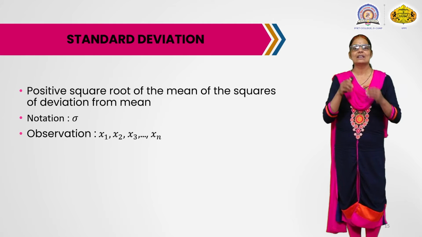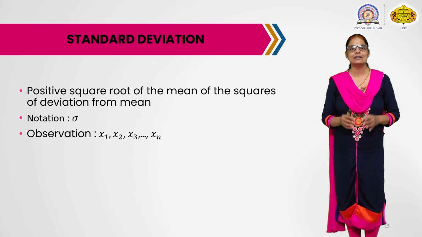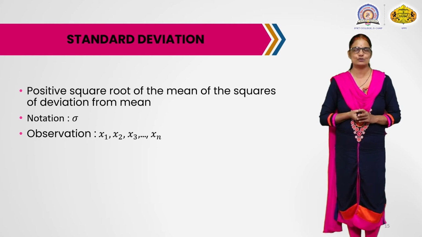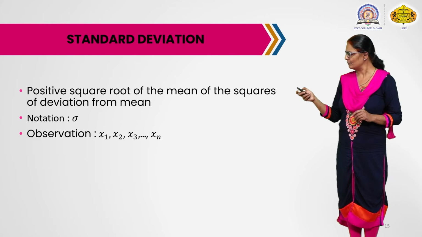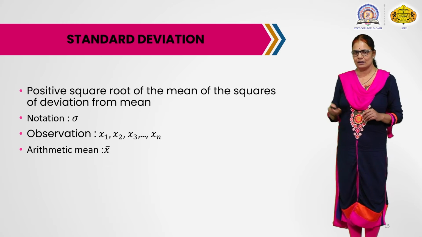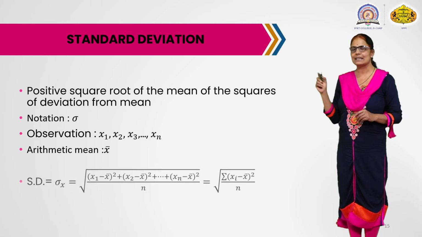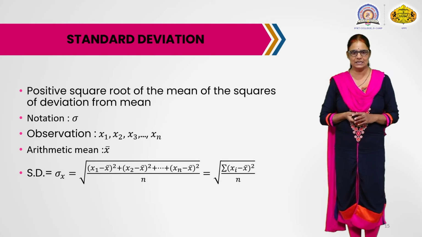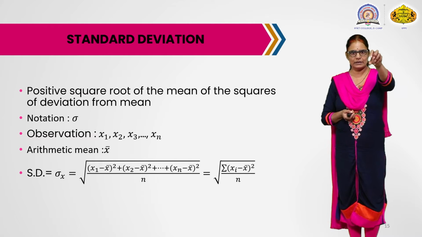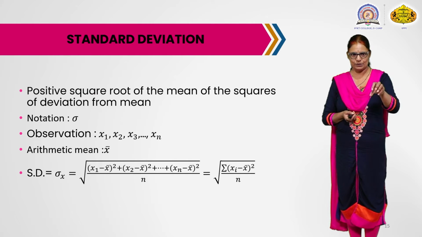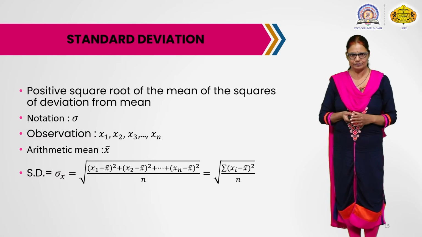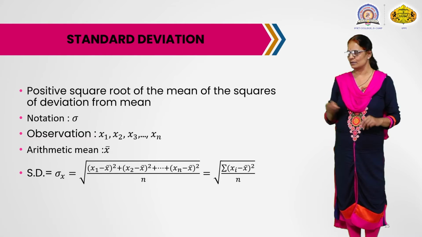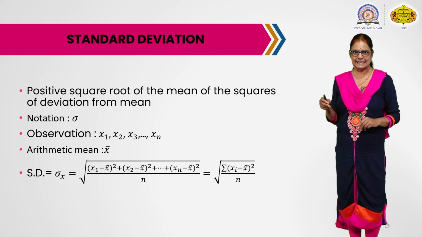Now we write this definition in terms of a mathematical formula. Suppose we are given the observations x1, x2 up to xn, and let x bar denote the arithmetic mean of the given series. According to the above definition, the standard deviation, sometimes written as S.D., I write here with another symbol, sigma suffix x.